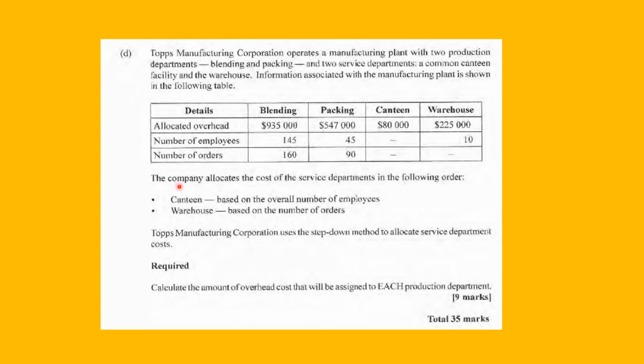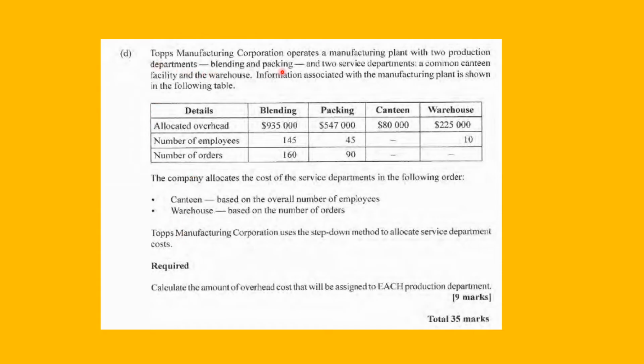So we move to part D, where it appears the topic has changed. Let's see what is required first. Calculate the amount of overhead costs that will be assigned to each production department. So it's going to be about cost allocation and apportionment. Let's see what the data says.